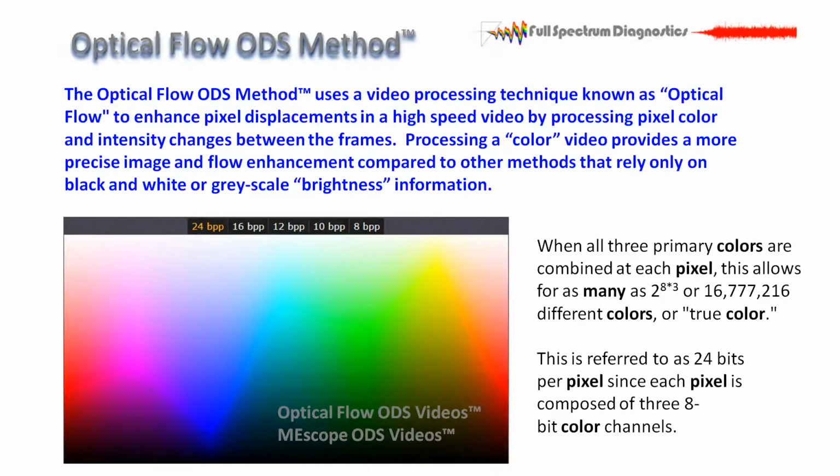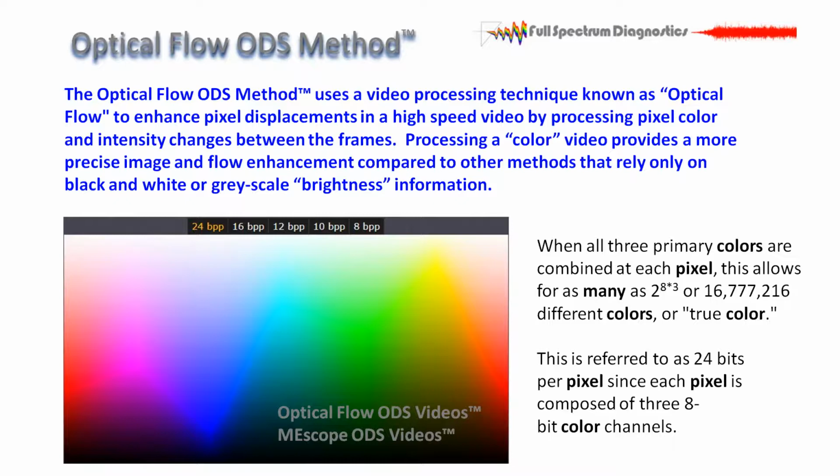The first thing is the optical flow ODS method takes advantage of color processing. So we're looking to enhance the pixel displacements in the camera, and having a color camera allows us to process the color changes. They're actually looking at the intensity of the color as well.